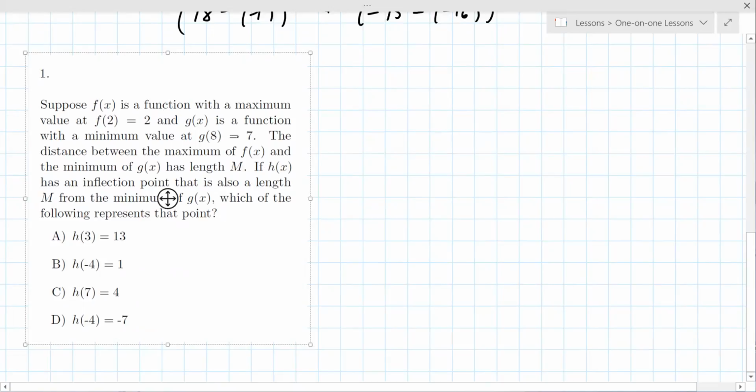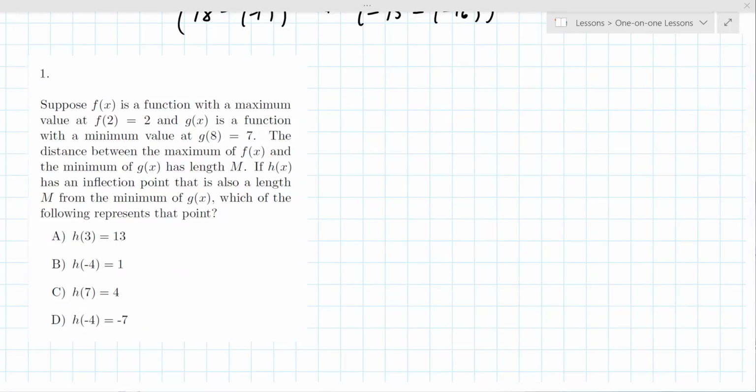You definitely need to calculate the distance between these 2 points. Okay. I'll do that. Square root of 61.